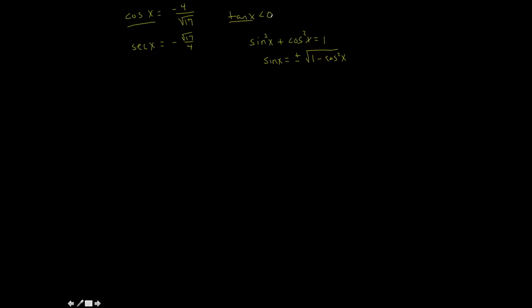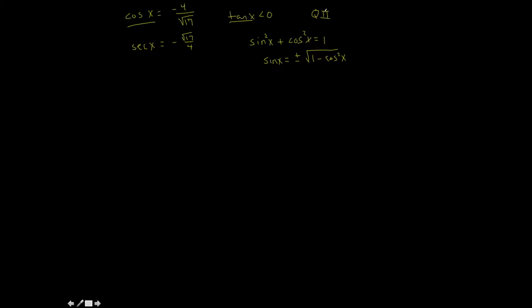Well, we know cosine is the x value. Cosine is negative on the left side of our circle. So that would be either quadrant 2 or quadrant 3. And we know tangent is negative. Tangent is sine over cosine, so quadrant 2 is where this is located.